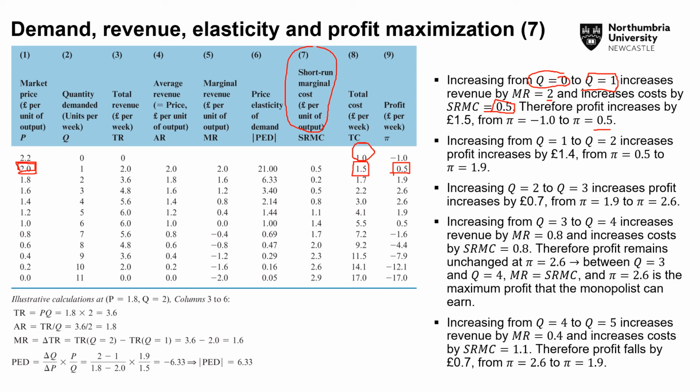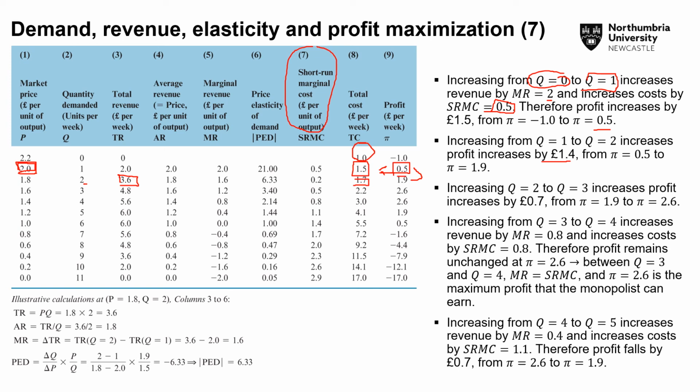Now, let's say we increase our sales from a quantity of 1 to a quantity of 2. The increase in the profit is then 1.4. Note this jump here, which comes from these figures, where profit is the total revenue corresponding to 2 units being sold less the total costs.